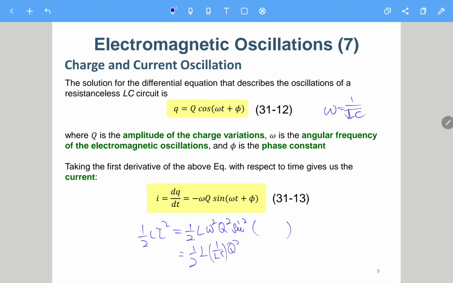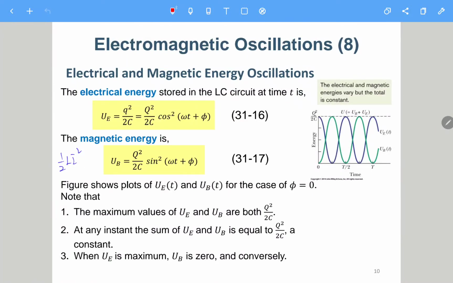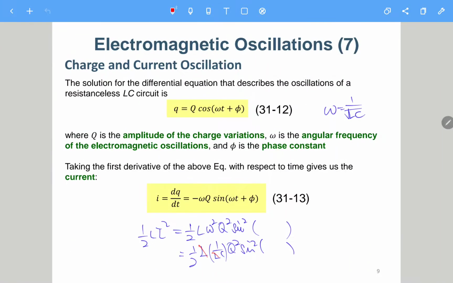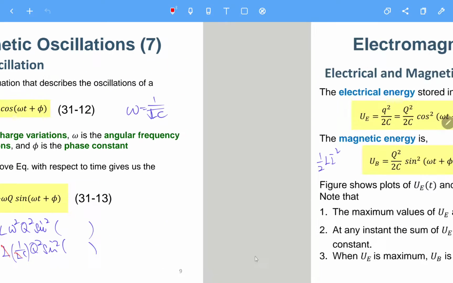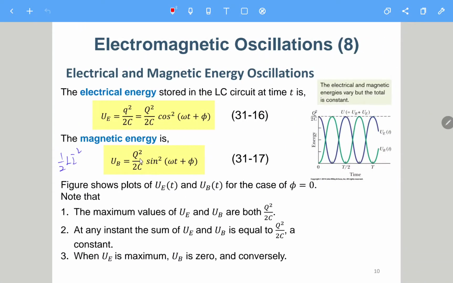So it becomes L times 1 over LC times Q squared sine squared. Here we can just cancel L and L. So we have Q squared over C, and then we also have a 2 in the denominator. So it is Q squared over 2C sine squared, which is actually this one.